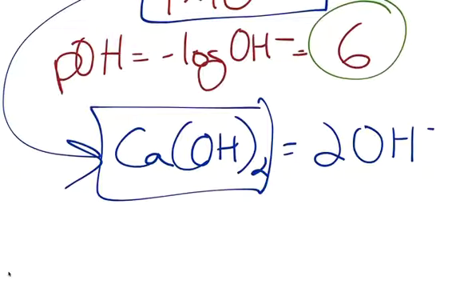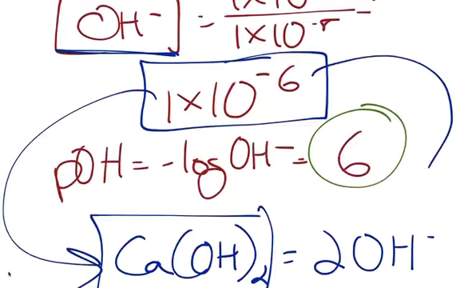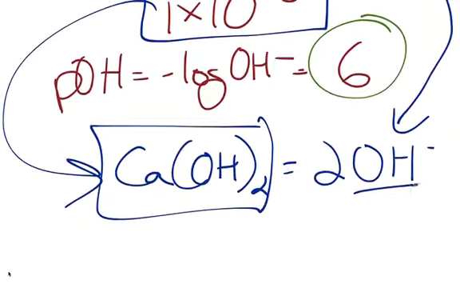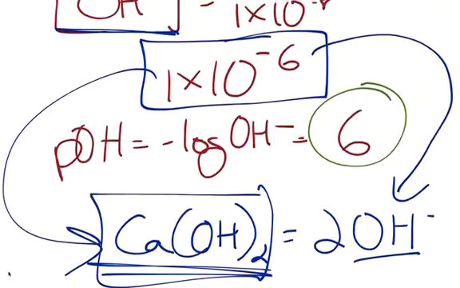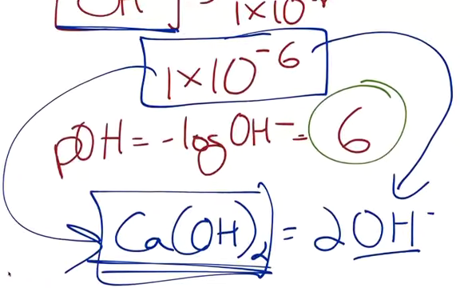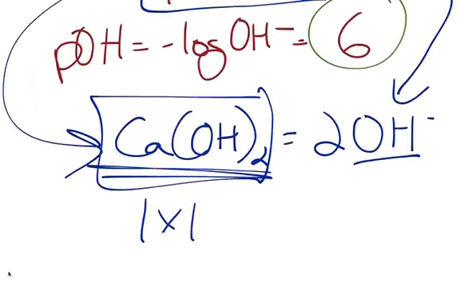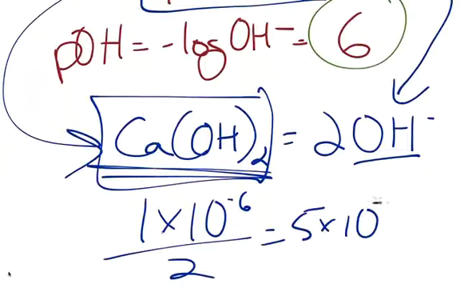So what I have right here is a concentration of hydroxides. If I want my concentration of calcium hydroxide, I'll have to divide that by 2, because 2 of them bond together to make that calcium hydroxide. So 1 times 10 to the negative 6 divided by 2 would be 5 times 10 to the negative 7th molar.